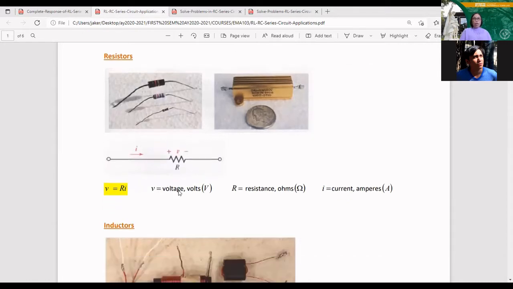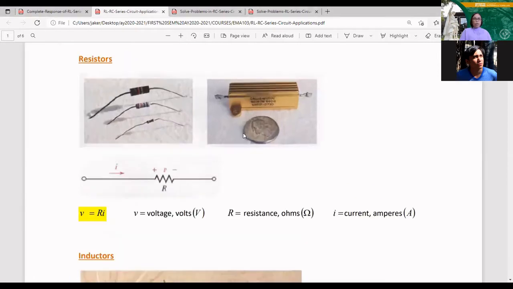Okay, so you can see here in the document that the first of the three circuit elements that I will be discussing is the resistor. It's one of the circuit elements that will be present in the circuits you will be exposed to later on. In this resistive circuit, you have current I passing through this element.